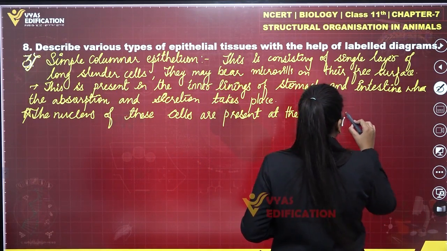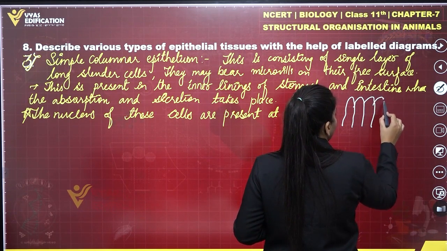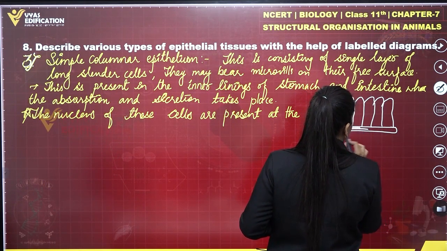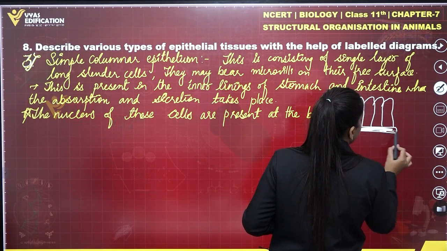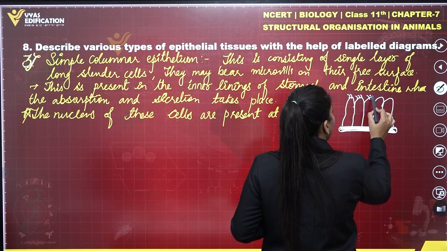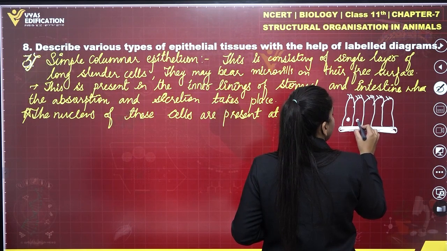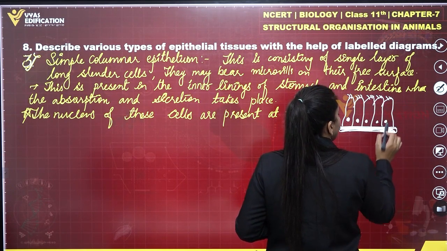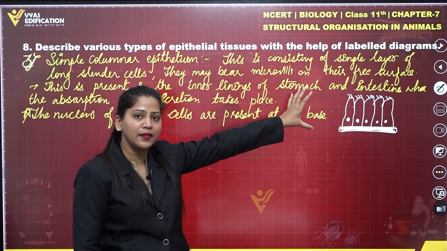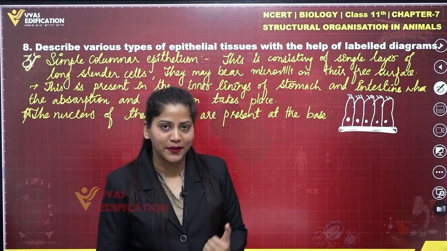Here, these are the long cells, which may bear microvilli on their free surfaces. The free surface of them is this. And the nucleus of them is present at the base of the cells like this. This is your basement membrane and this is the diagrammatic representation of your simple columnar epithelium.